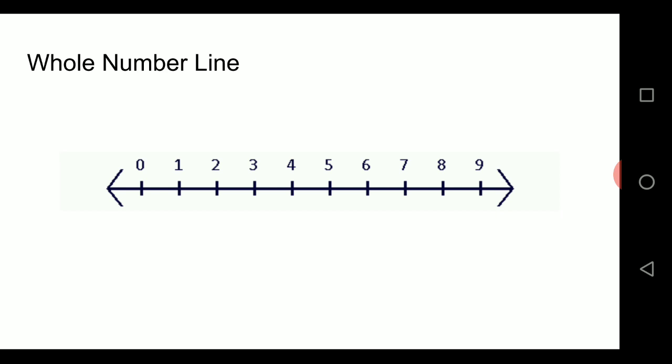This is what your whole number line looks like, starting from 0, 1, 2, 3, 4. It keeps on growing like this, and it contains only non-negative numbers. Then we have a special set called natural numbers. What are natural numbers? All counting numbers, whatever you count, you can count with the natural numbers.